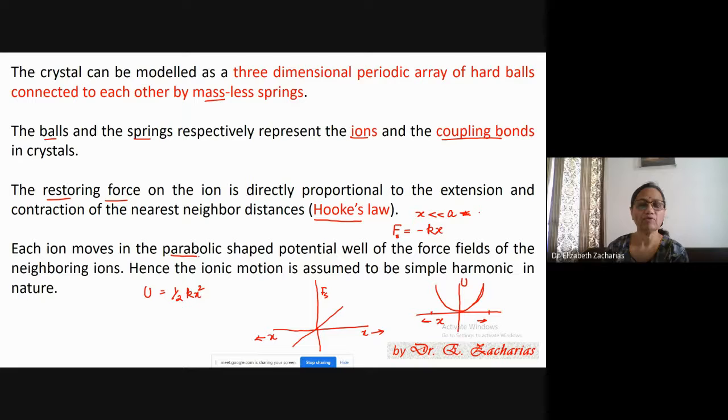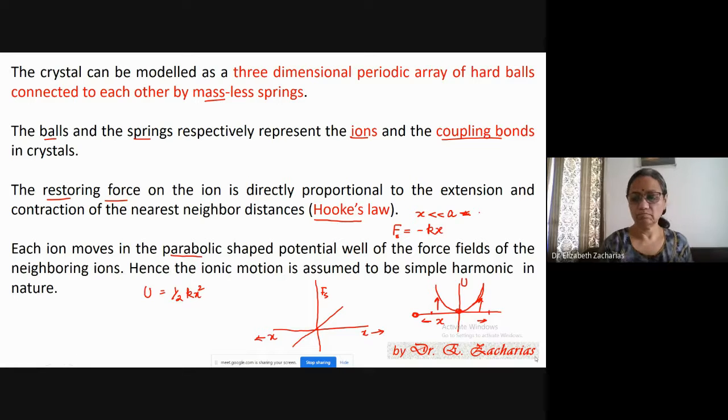At equilibrium separation between two atoms, the potential energy is a minimum. For any other distance, closer or away from the interatomic distance, the potential energy is positive. Positive means it is not stable.